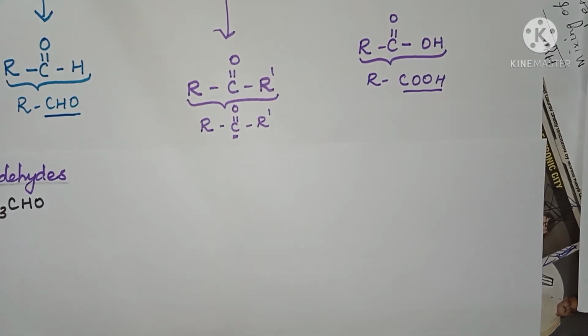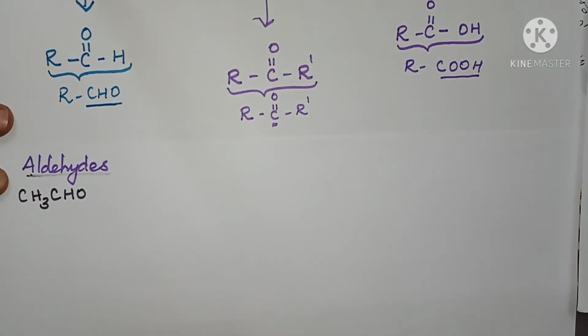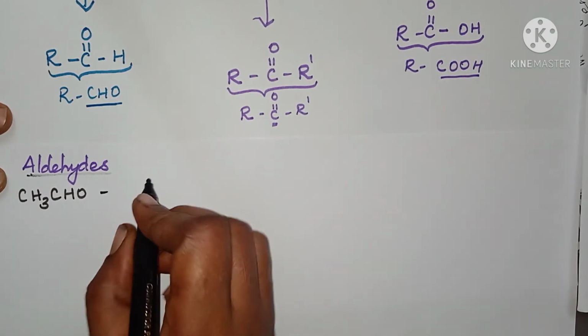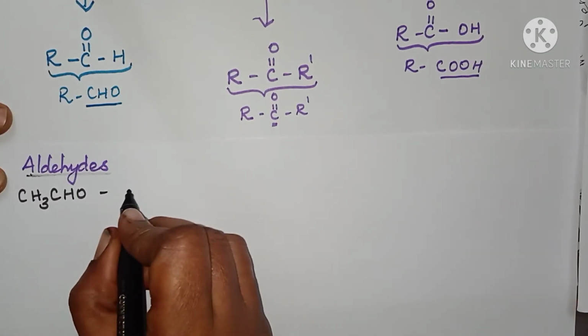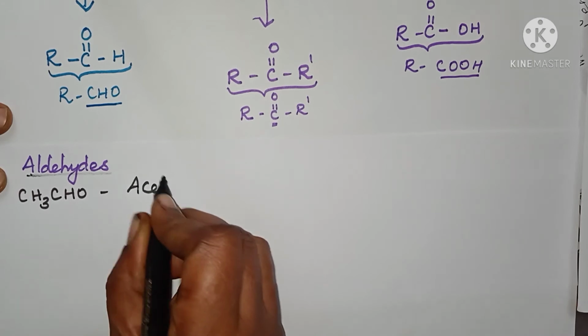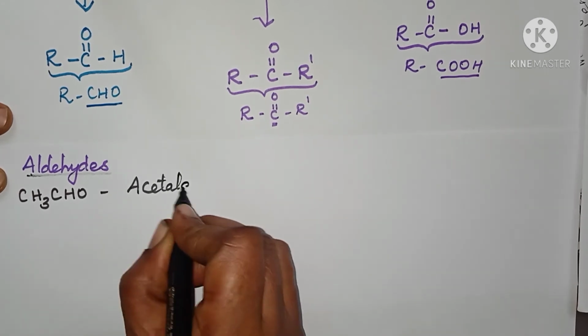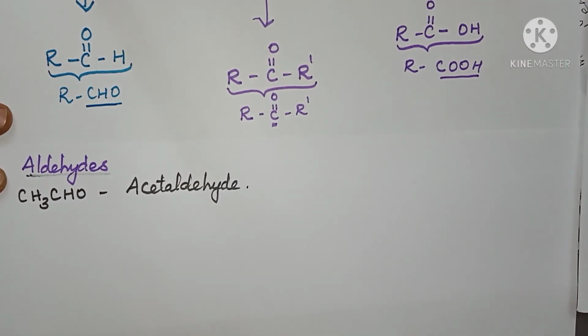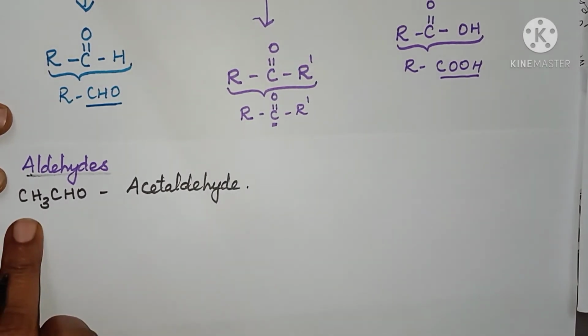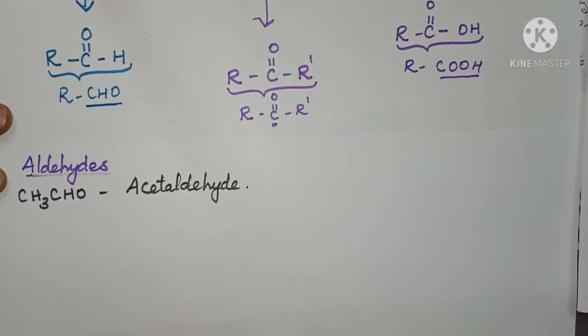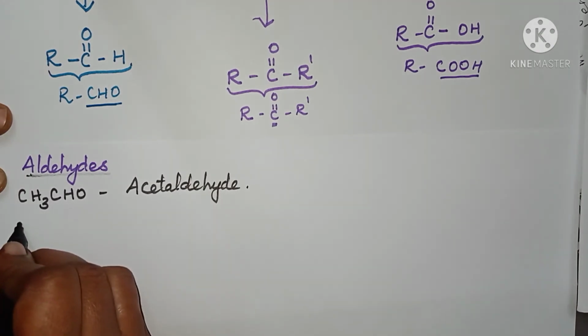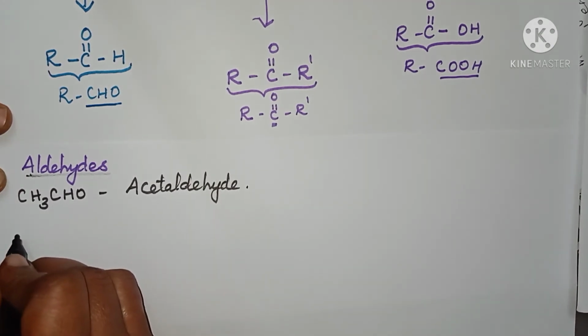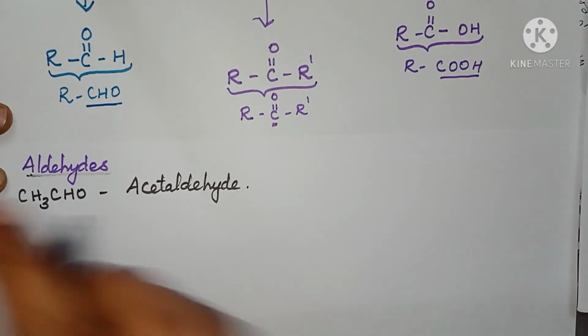This is an example of aldehyde. What is the name of it? Acetaldehyde. CH3 CHO is acetaldehyde. Now one more thing, I'll tell you later.